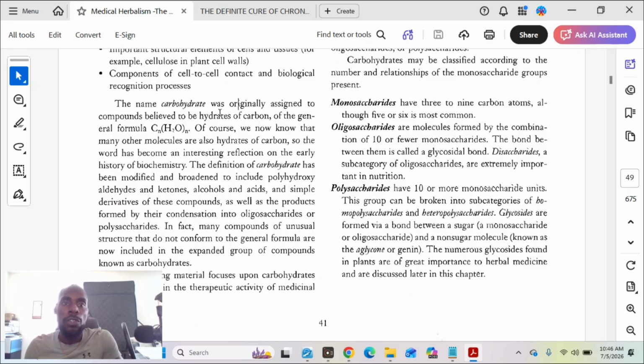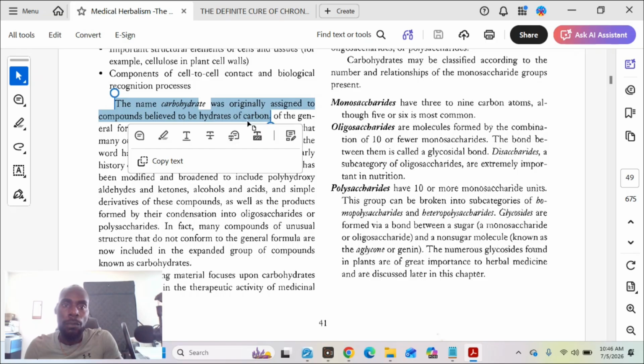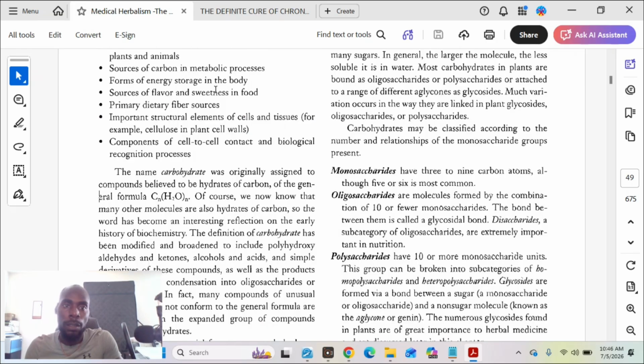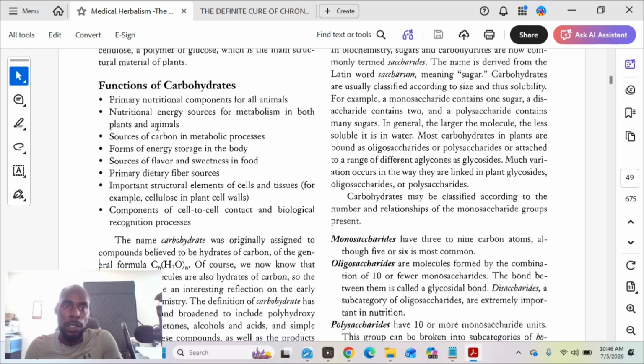The name carbohydrate was originally assigned to components believed to be hydrates of carbon. And we know that carbon is sugar, just like stated here.